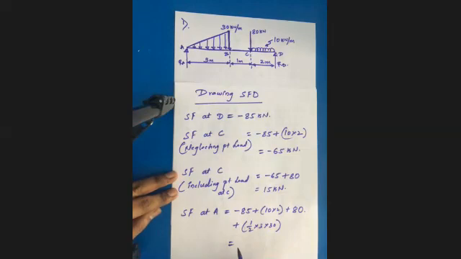So SF at A, when I calculate, I'll get the value of 60 kilonewton.